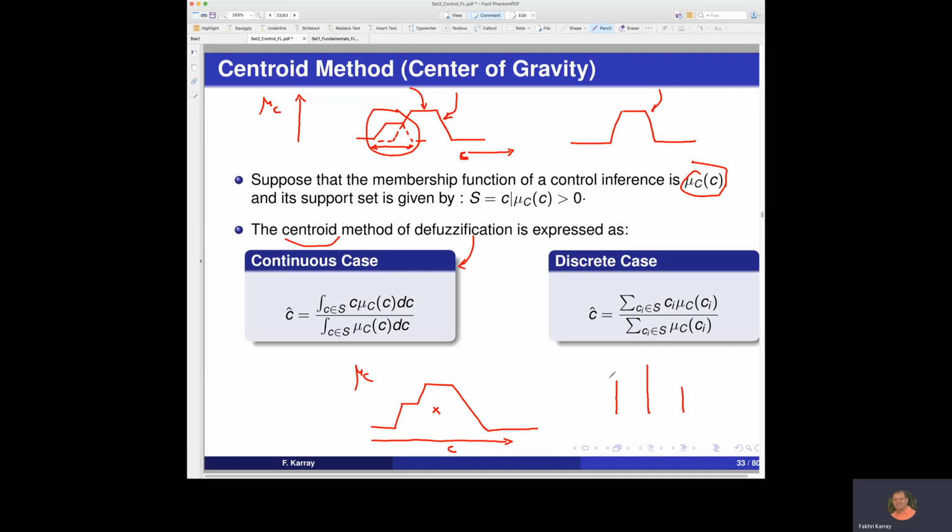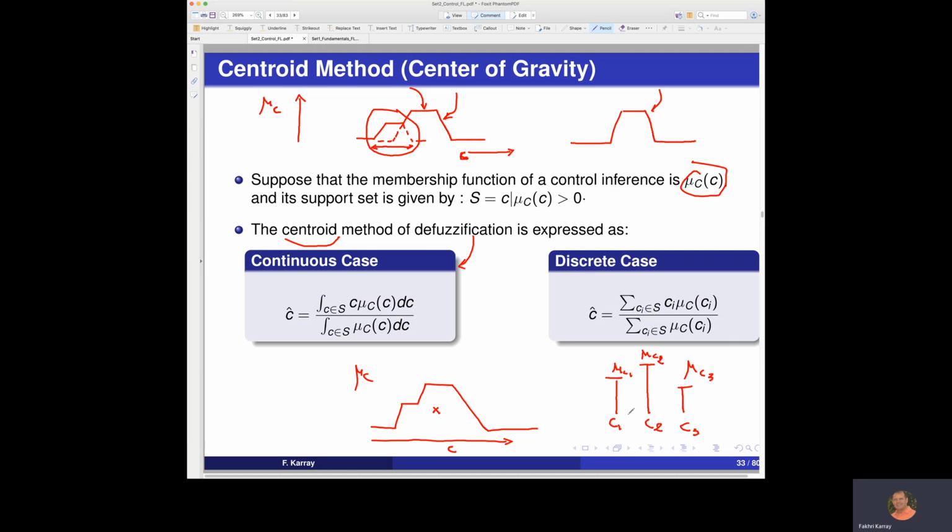So what we do, we take the maximum value that is reached by mu C at the value of C1 here. So this is C1, this is C2, this is C3, okay? And this is mu C1, and this is mu C3, okay? So what we do, we compute first the product of C1 times the maximum that the membership function reaches, and this is mu C2, okay?